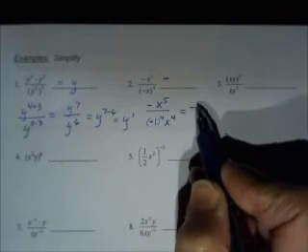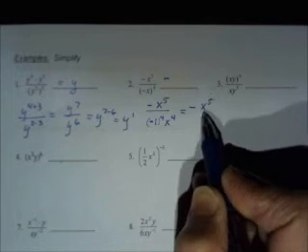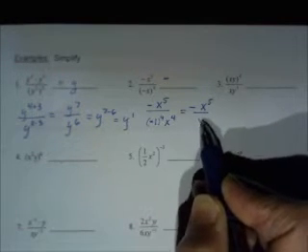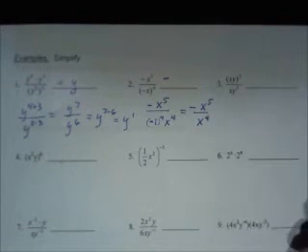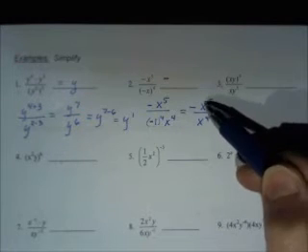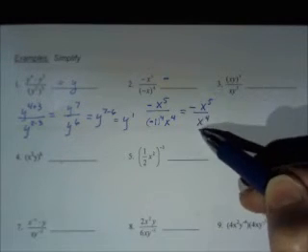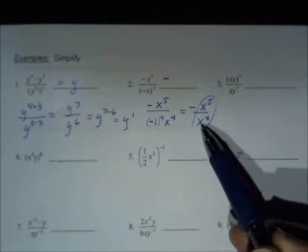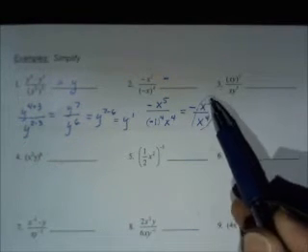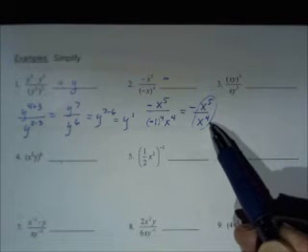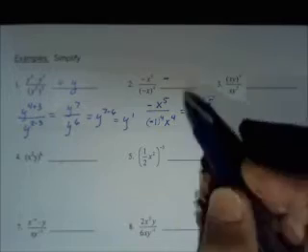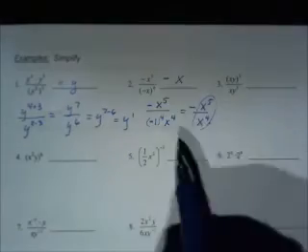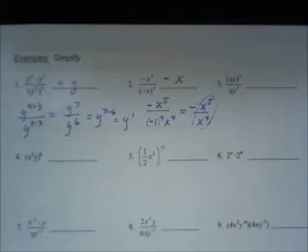So we have negative x to the 5th divided by x to the 4th. And now these are like bases, and for division we subtract the exponents. So that would equal negative x to the 1st, or simply negative x.